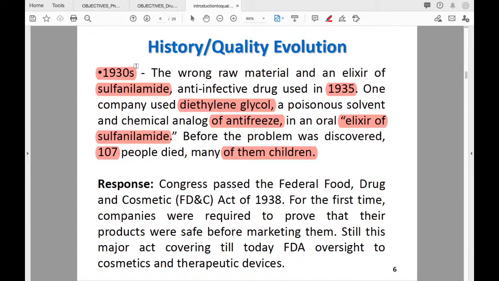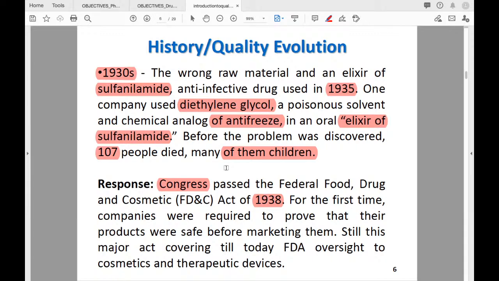According to what happened on a large scale in the market, there's always a response. So Congress at that time passed the Federal Food, Drug, and Cosmetic Act in 1938. Believe me, bringing an act or a law into the constitution, whether in India or in the USA, is not easy.